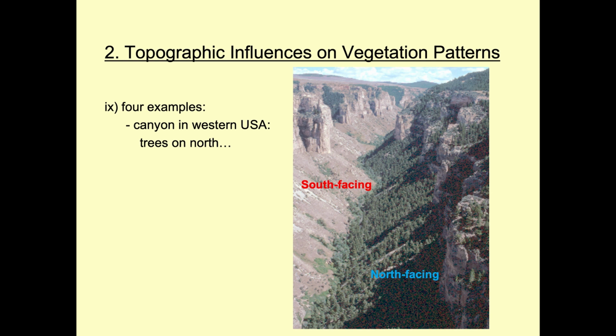So they're on the north-facing side. The south-facing side receives so much insolation that the soils are extremely arid and you can only see a few shrubs. There's not many trees on the south-facing slope at all. All of these trees in this valley are on the north-facing slope.